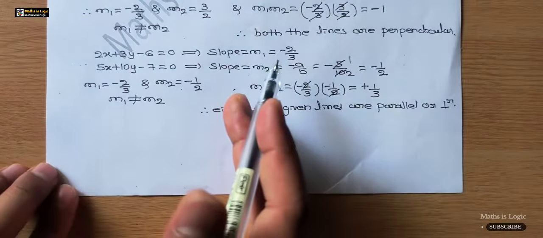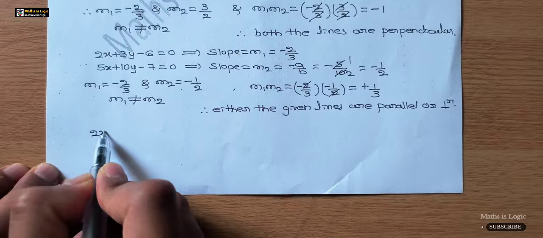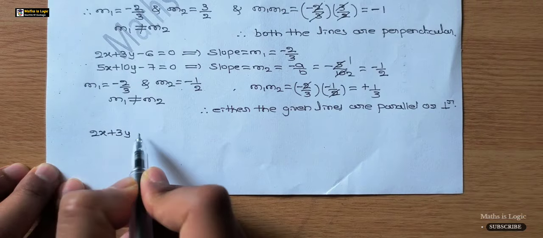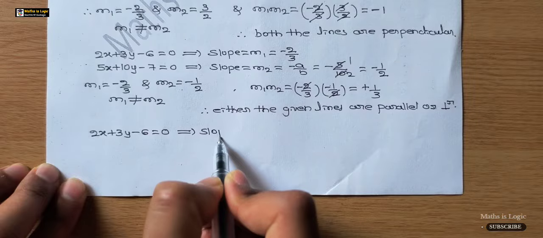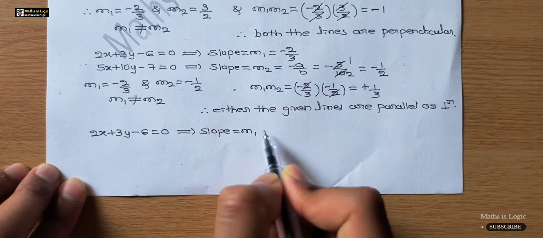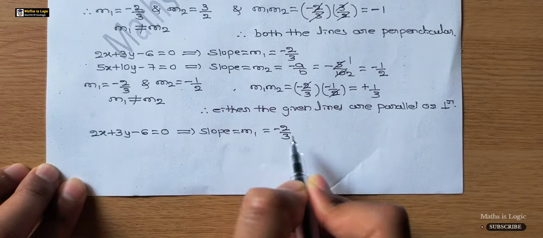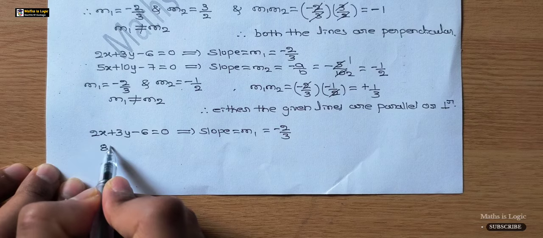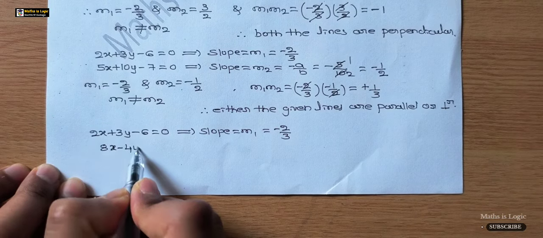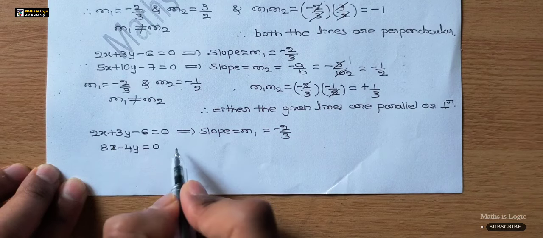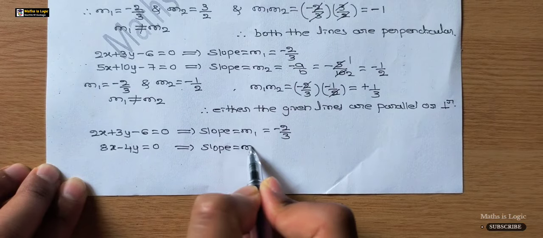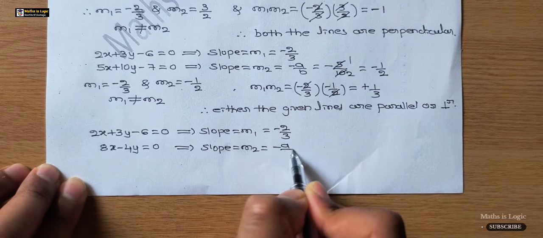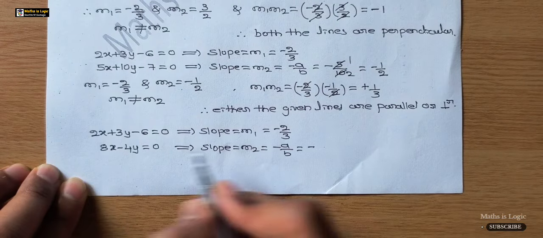Next, finally, first line with the last line we need to check. So what is the first line? 2x plus 3y minus 6 is equal to 0. So it implies that slope m1 is equal to minus 2 divided by 3, and the last line is 8x minus 4y is equal to 0. So it implies that slope m2 is equal to minus a divided by b.